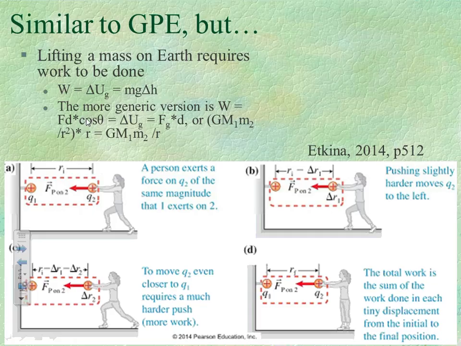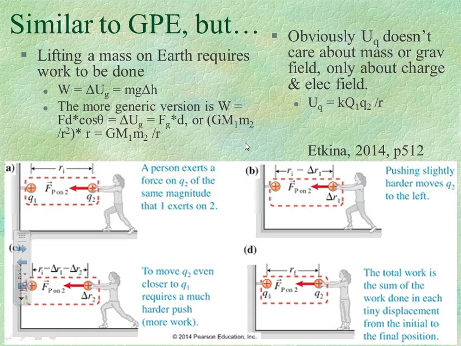We could make it a little more generic with this equation: big G, big mass, little mass, divided by r. We know for gravitational force it was divided by r squared, but then we multiplied by the distance, and that distance canceled out one r.